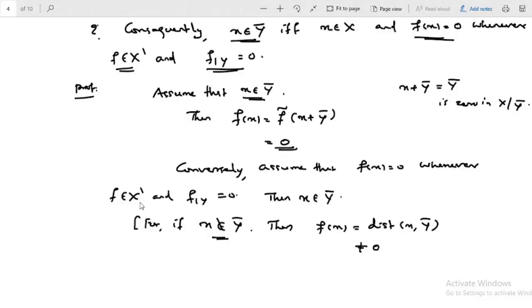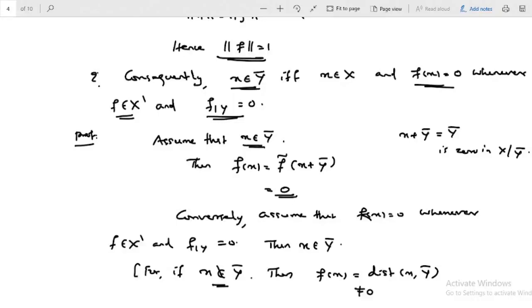Okay, the distance between a and Y is equal to 0 if and only if a belongs to Y. It is a contradiction, because by your assumption f of x is equal to 0. Therefore, we get a contradiction. That means x must be in Y closure. Okay. Let us see what is needed in part C.